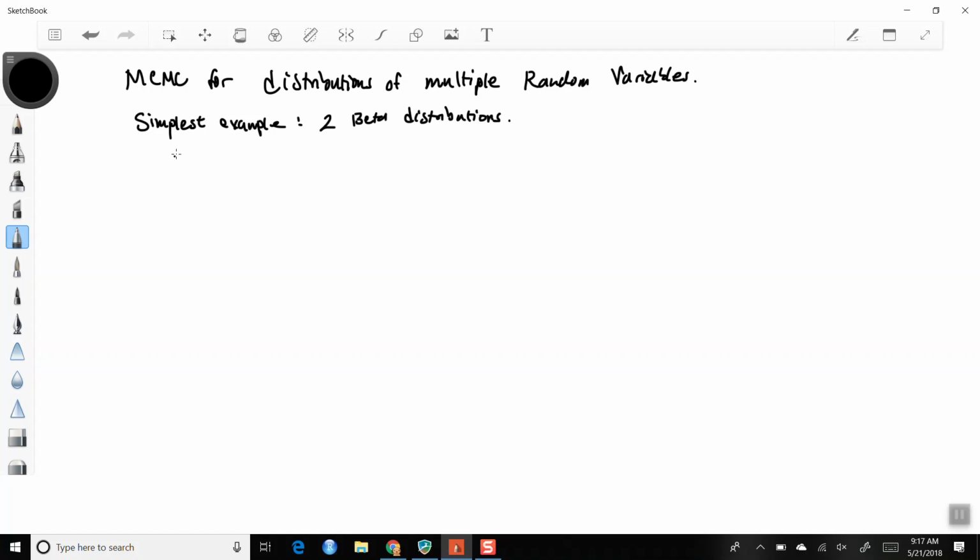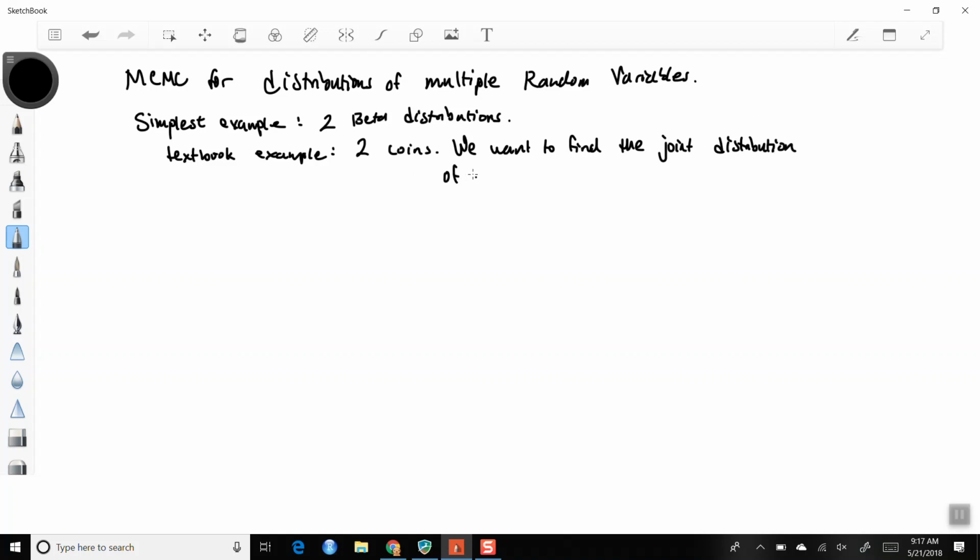The example from the textbook is you have 2 coins and you want to find out the joint distribution of both coins' proportion of landing heads.